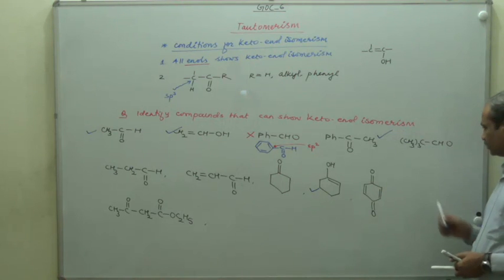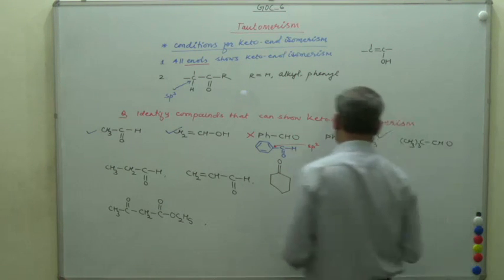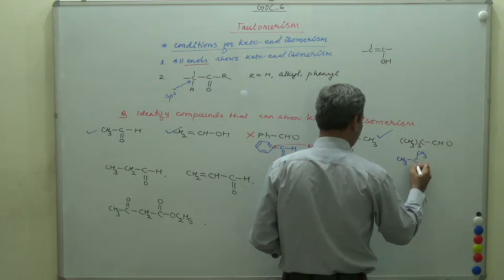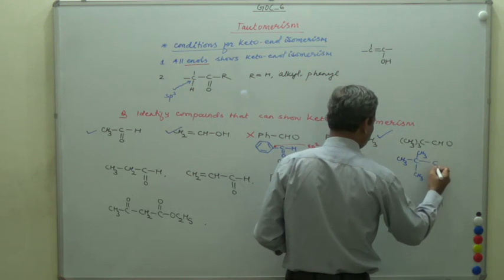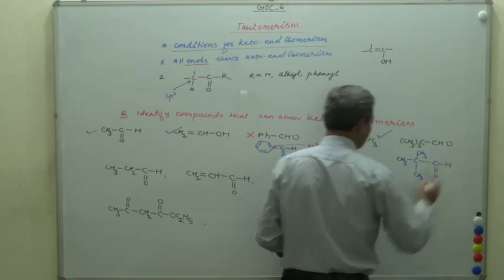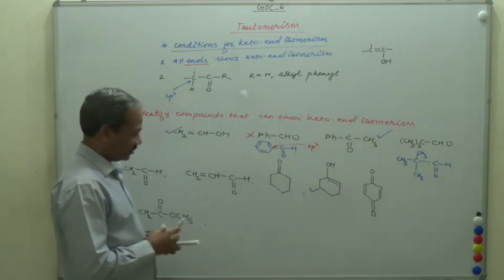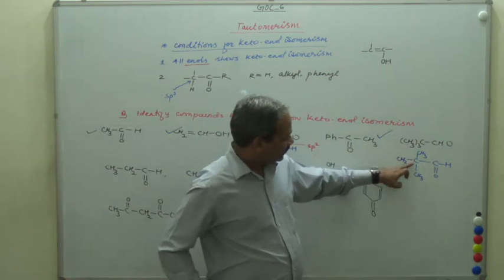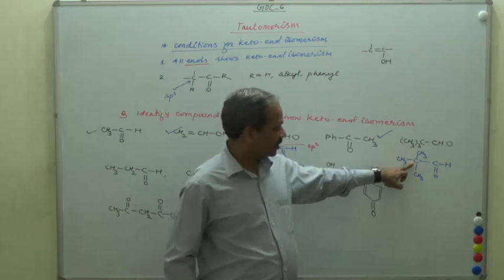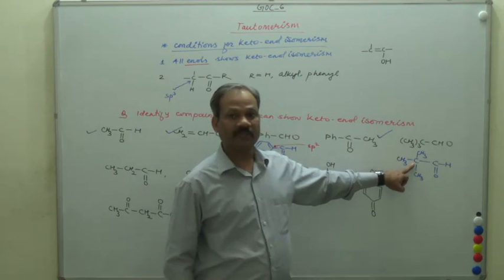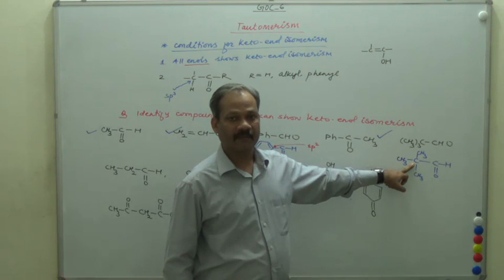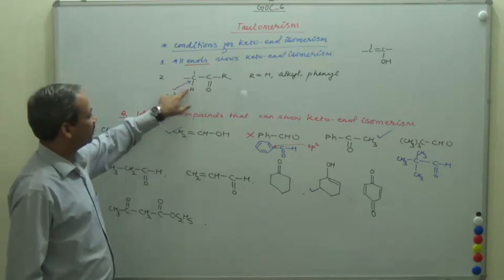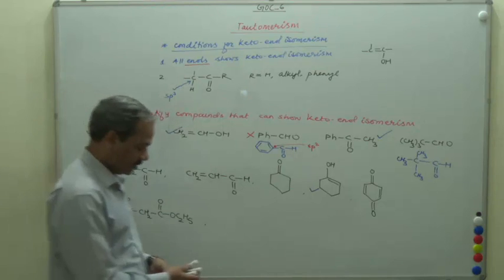Now in this compound, if we complete it by writing the complete structural formula, then you will notice that there is sp3 hybridized alpha carbon atom, but there are no hydrogen atoms bonded to this sp3 alpha carbon atom. So hydrogen is missing on this carbon atom.